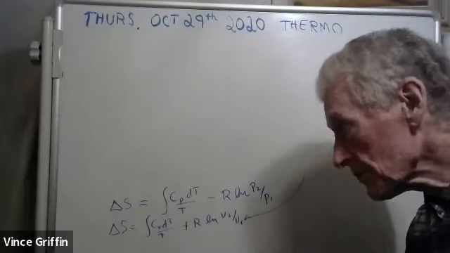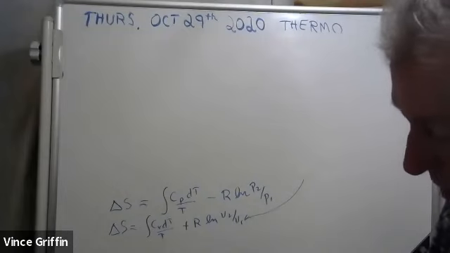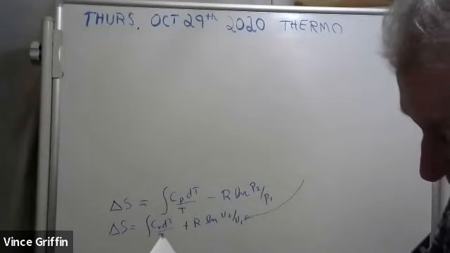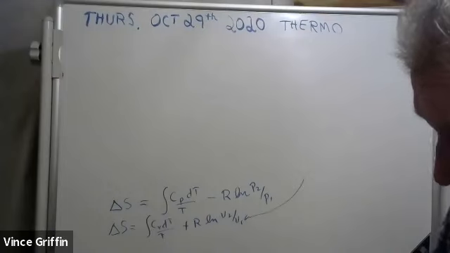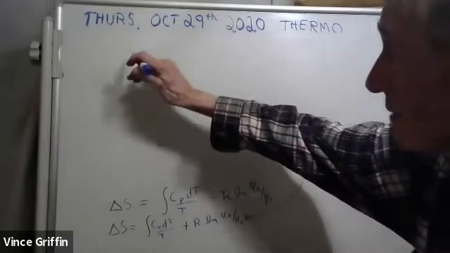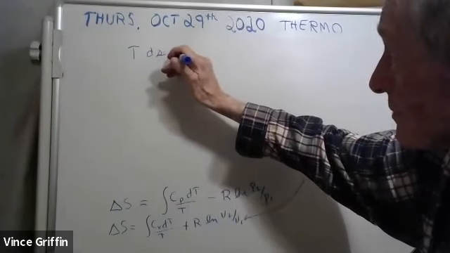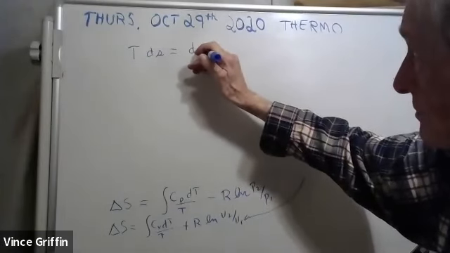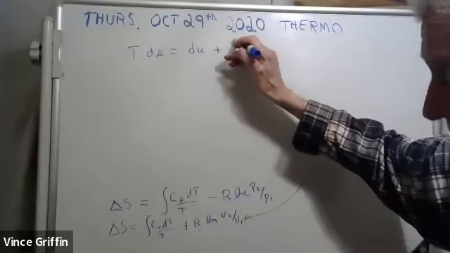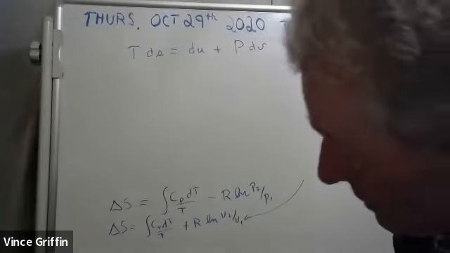Okay, well, we've got our Gibbs equation, and here it is. Gibbs equation: T ds is equal to du plus p dv. Now here's what we're going to do.